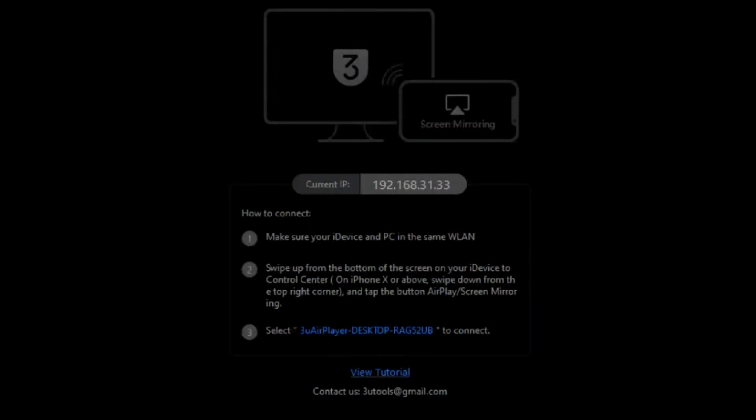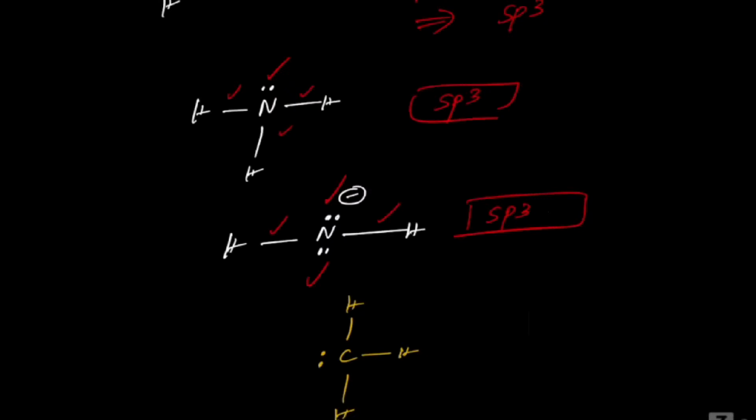Okay, 1 second. The screen is not visible. So it's disconnecting in between. I don't know why. So whenever it disconnects, you just send me a message or give me a call on WhatsApp.